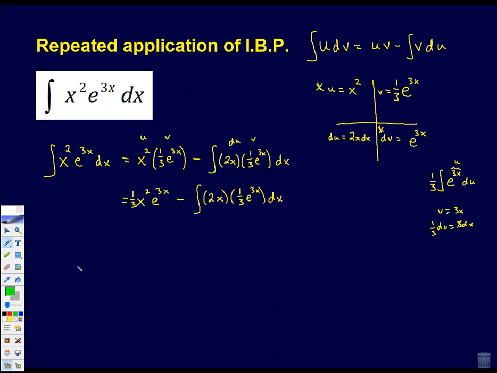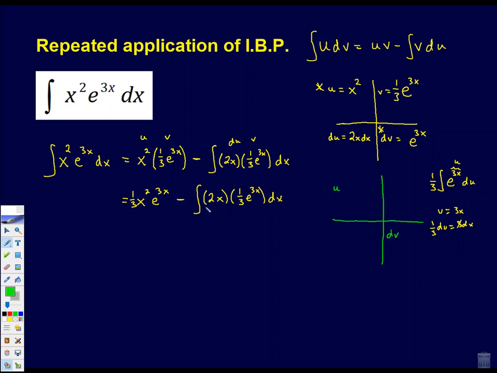Okay, so I'm going to change colors now because I'm going to make another table in green. And this time, I'm going to look at this integral and reassign u and dv because we're going to do integration by parts again.